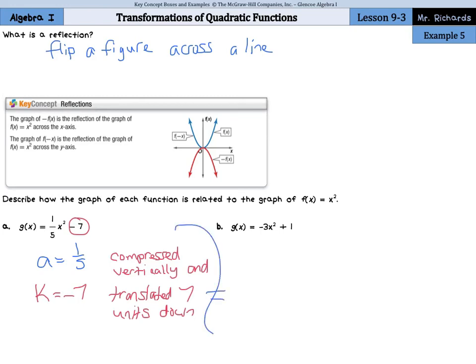And then in example B, we have g of x equals negative 3x squared plus 1. Well, this plus 1 is our k, so k is 1. And our negative 3 here means we are going to be reflecting across the x-axis.